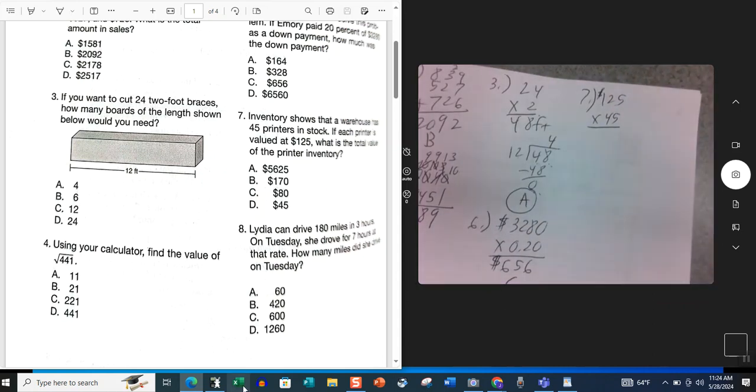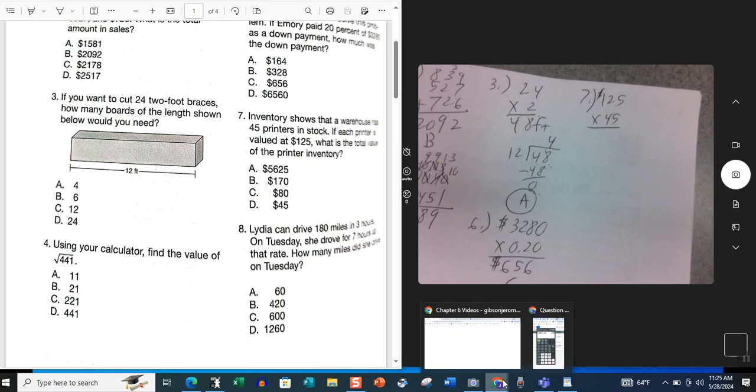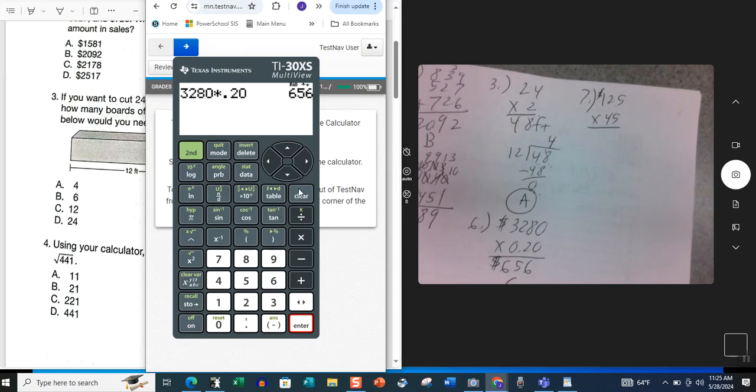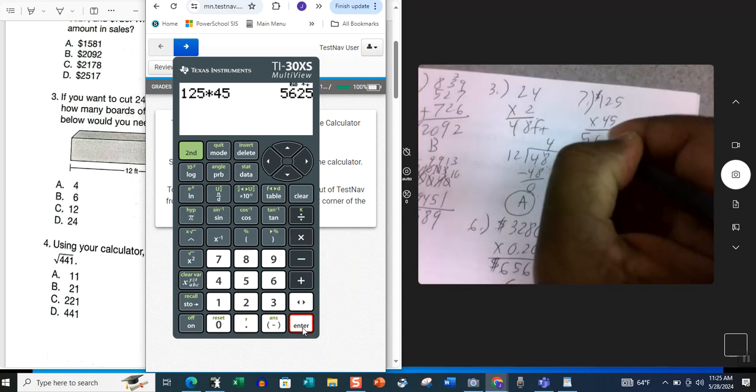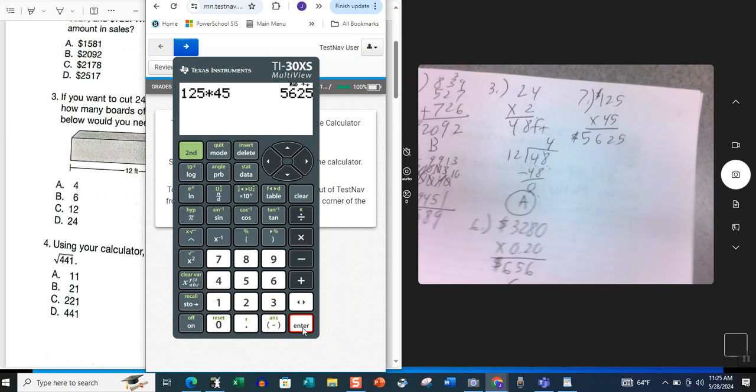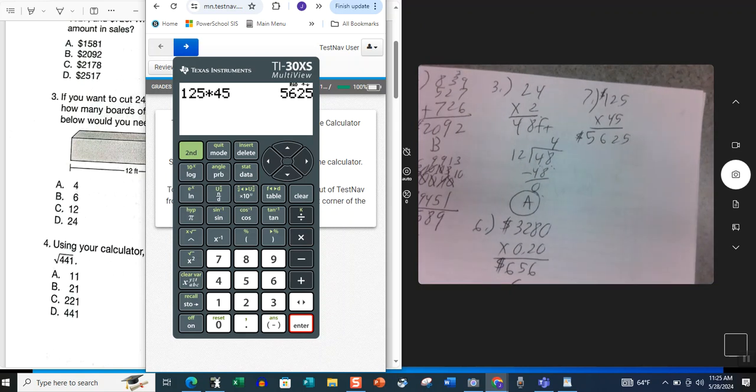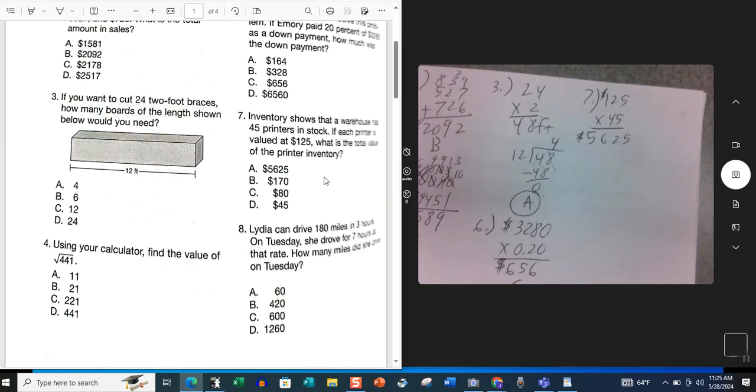Personally, I would use the calculator because that would make it easier, but we know how to multiply, so if you want to do it by hand, that's fine too. 125 times 45 gives us $5,625. So that would give us answer A.